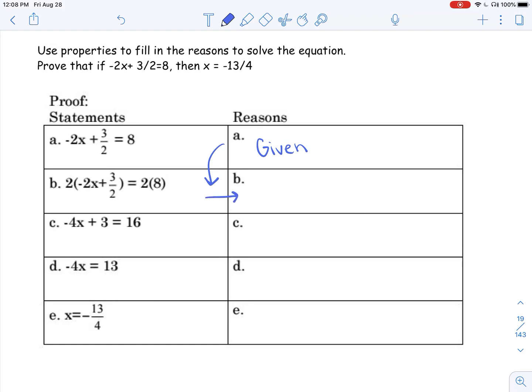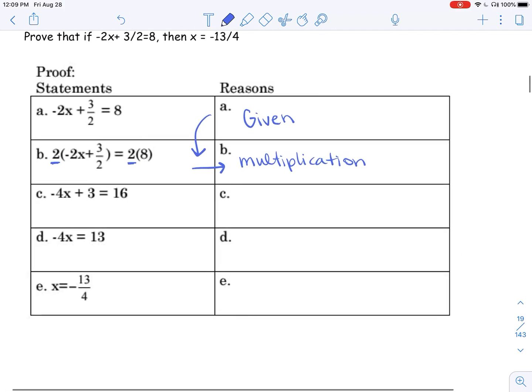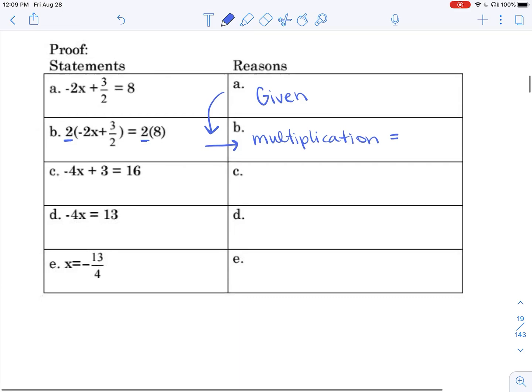And that is the reason that we write on B. So if we look from A to B, we notice the difference here is that 2. And because we are multiplying by 2 on both sides, our key there is on both sides, this is just our plain old multiplication property. And there's only one, but if you want to, you're welcome to put the equality symbol after it just so you get in the habit of doing that.